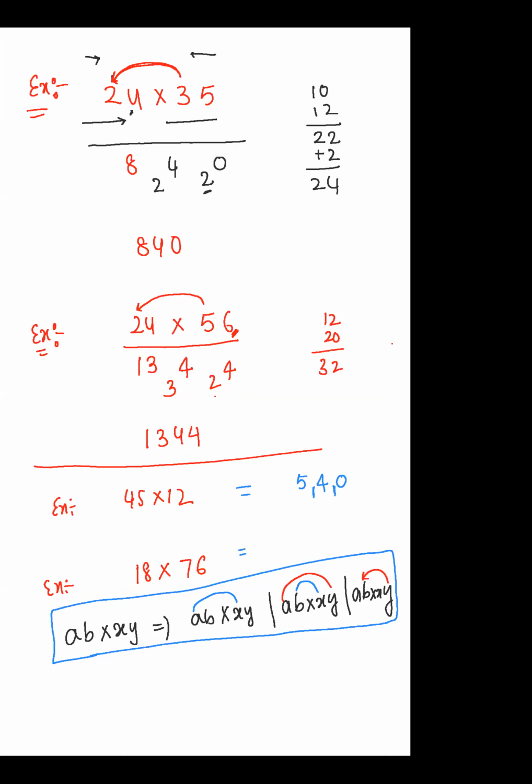So come to this value, 48. I am writing 4 here. The next value will be 56 plus 10, 66. And 7 plus 6 is 13. So 1368 is my final answer. Are you getting it clear? Is it clear?